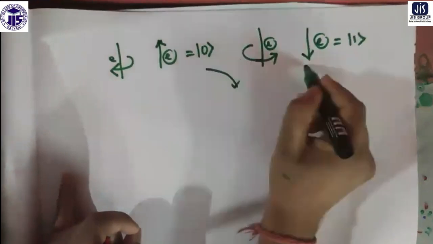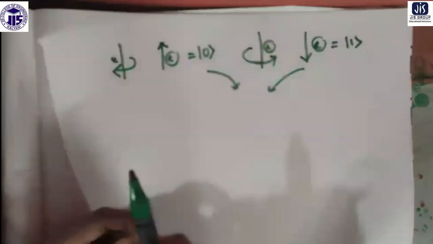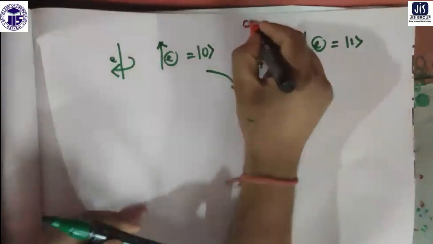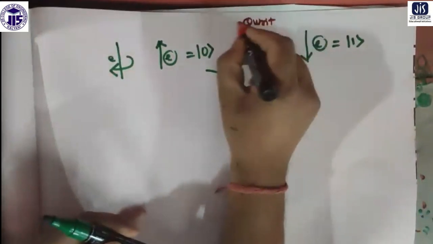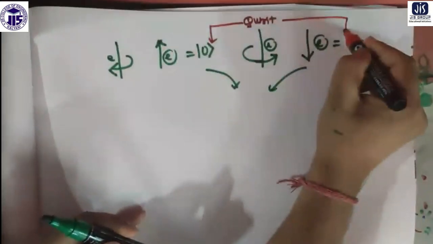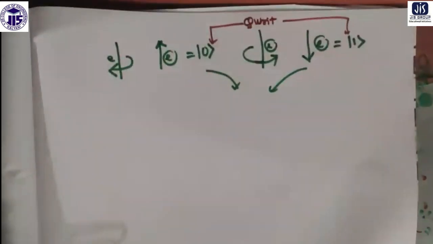Now these are two qubits. Zero is a qubit, one is a qubit. These are the qubits. Now I need to generate a mixed state.